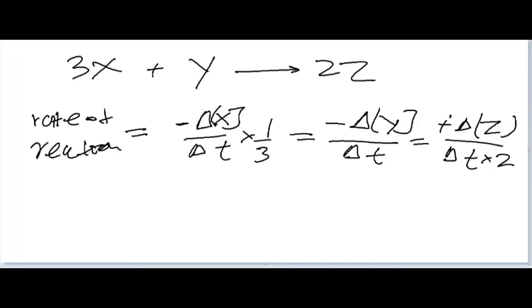So this is the relationship for any type of reaction. We can write the rate of reaction using this relationship.